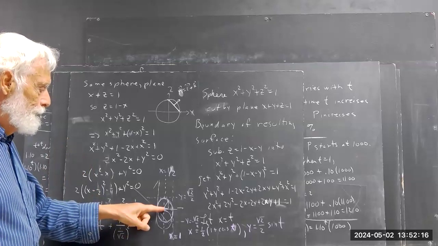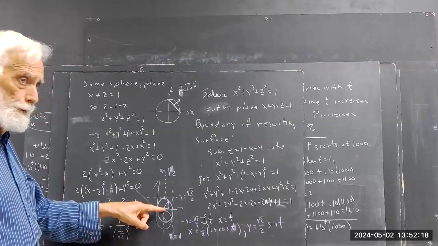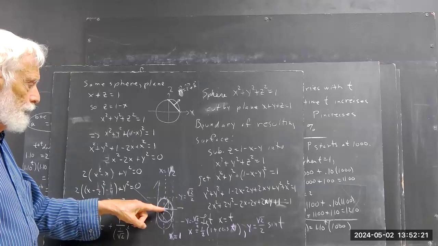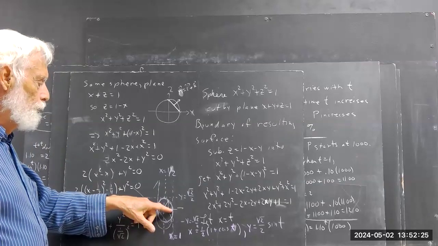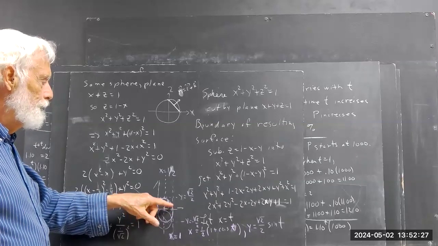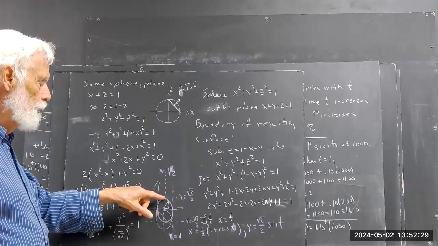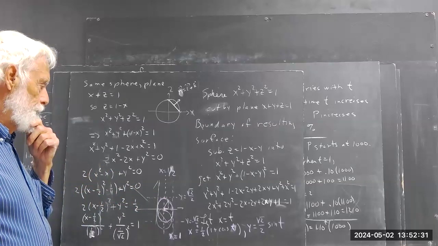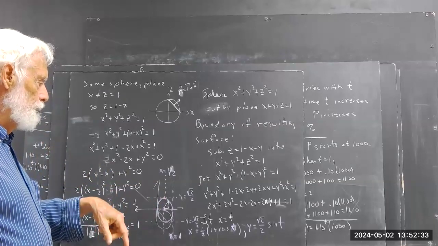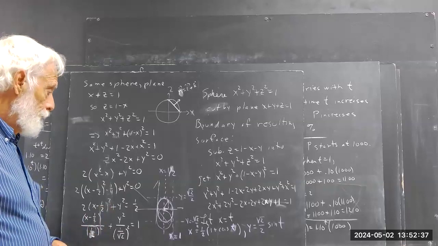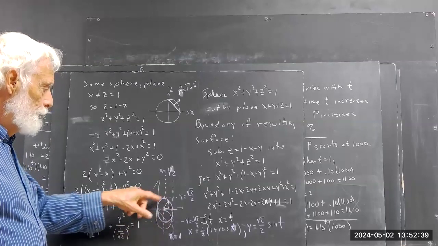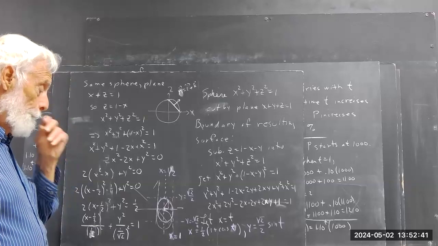If this was the origin, then you have square root of 2 over 4 cosine t plus 1/4 sine t. No, plus 1/2 sine t. And that would be a parameterization down here.